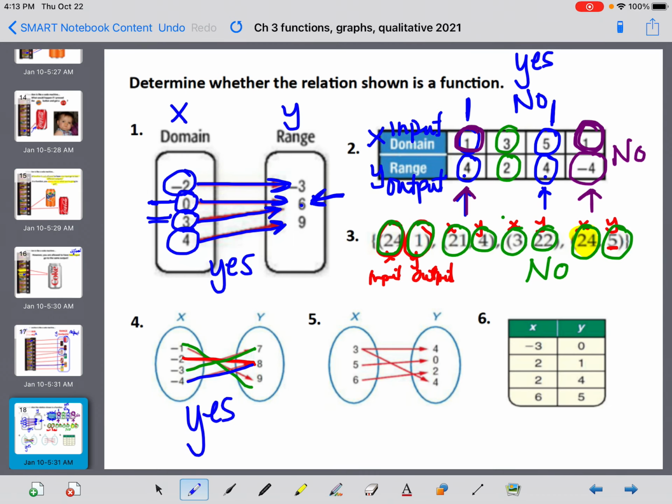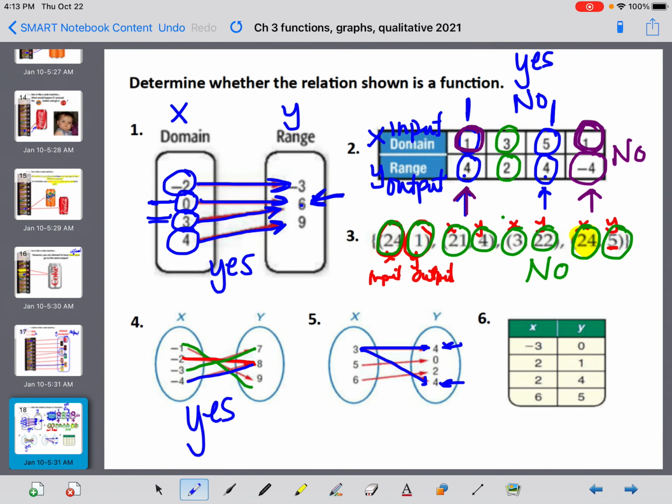Okay, this one over here, let's look at this because it looks like I had a 3. The first time I put in a 3, it gave me a 4. The second time I put in a 3, it gave me a 4. So would that be okay? Each time I put a 3 in, I got the same value out.